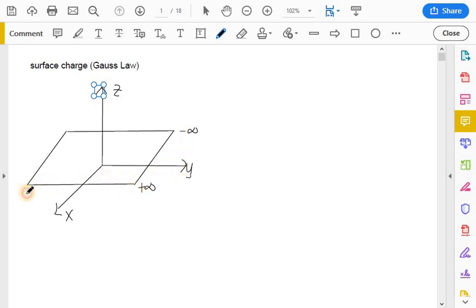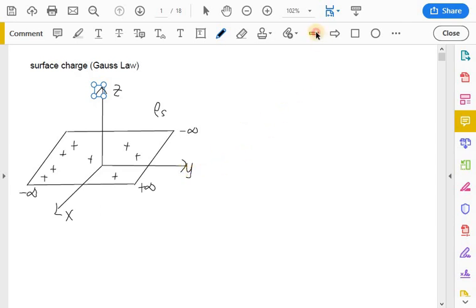A very big planar side. As you know, for the surface charge, you have many charges on the surface, and usually we will be given rho s. So this is how we illustrate the surface charge in 3D.